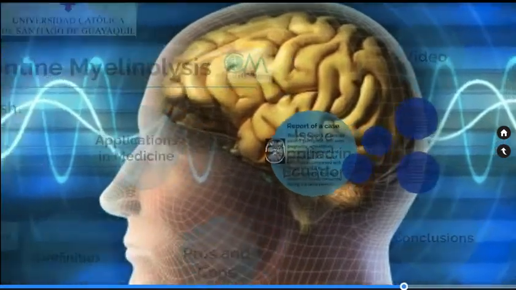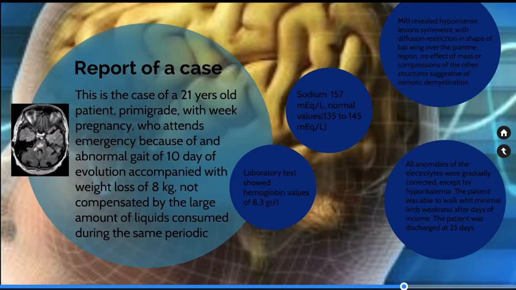Case report in Ecuador. This is a case of a 21-year-old patient who attends the emergency department because of abnormal weight loss of 8 kilograms with evolution, not compensated by the large amount of liquids consumed during the same period.